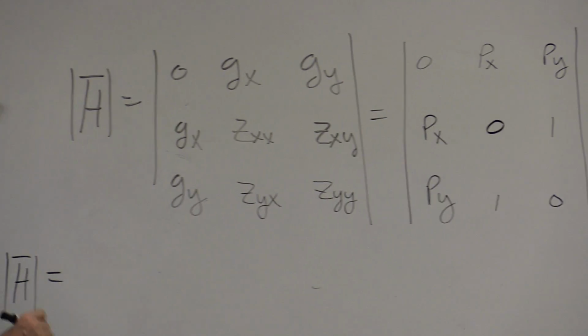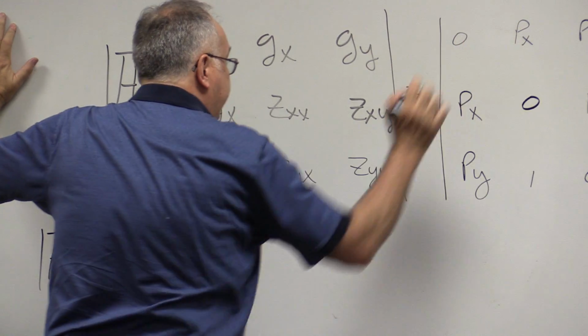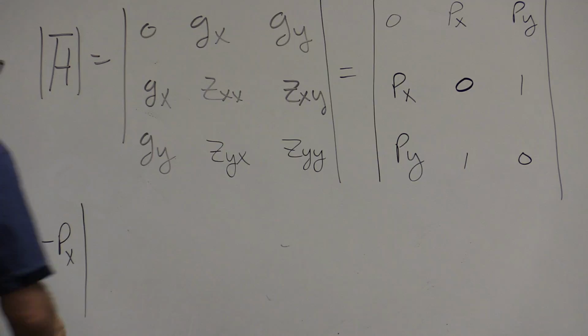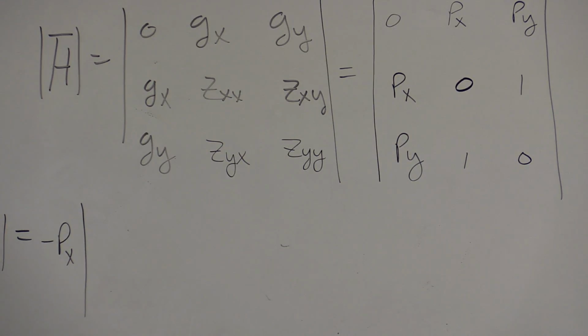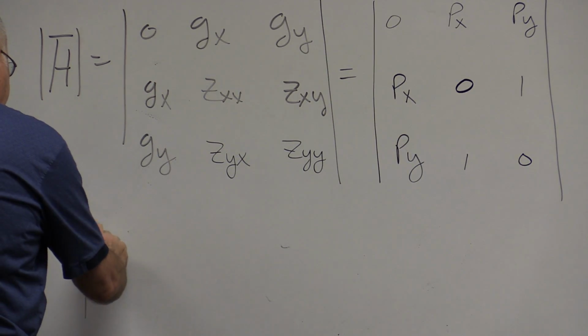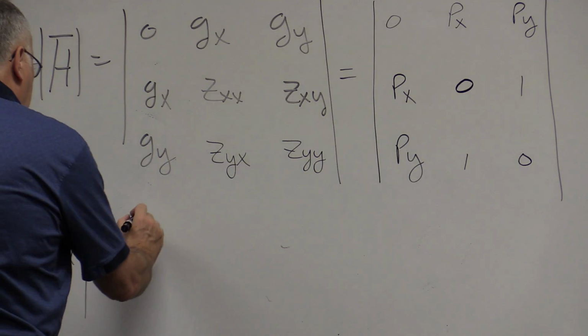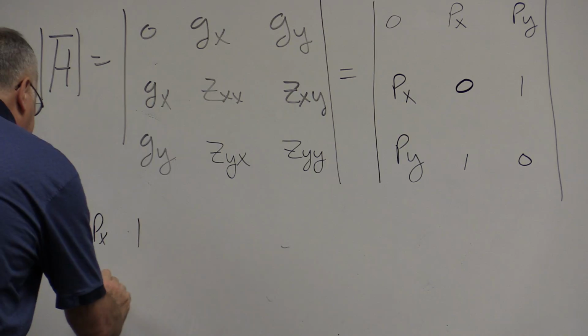It's a little more complicated. It's 0, minus px times the determinant, and this determinant, its minor, is px, 1, py, 0.